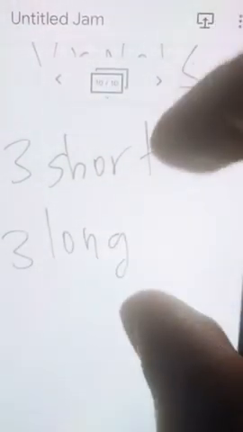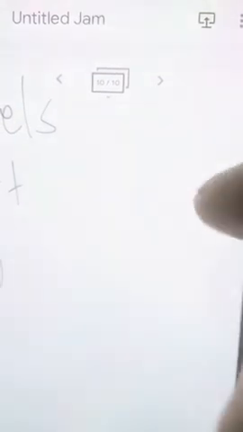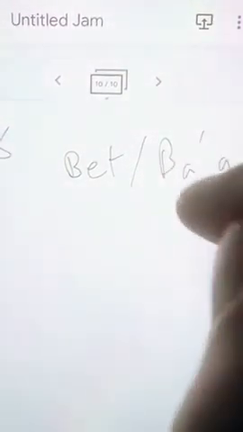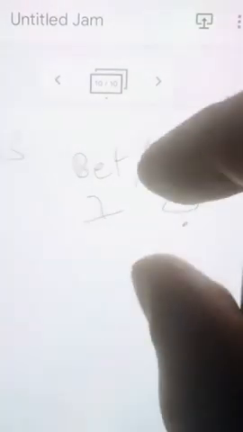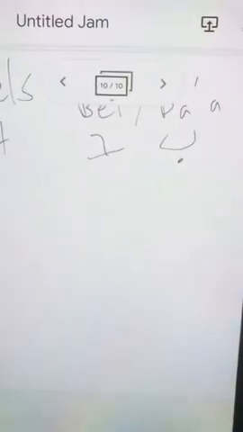So ba, and I'm going to show you. This one, it's ba, ba. But if you want to make the long A, you say baa, and it's not with the dash, it's with the alif.